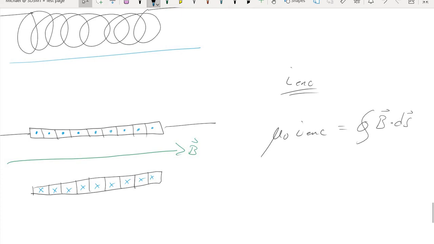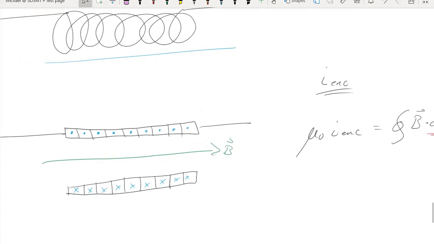First, we need to figure out what our Amperian loop is going to look like. So what kind of path are we going to draw for that magnetic field to follow? And that's usually very straightforward. We're just going to let our Amperian loop follow the magnetic field. But we also have to enclose some current. We haven't enclosed any current yet.